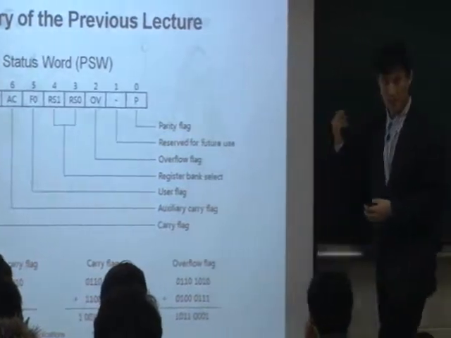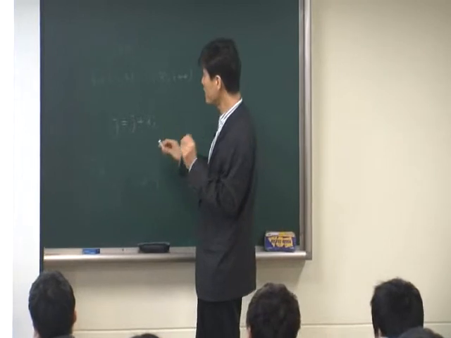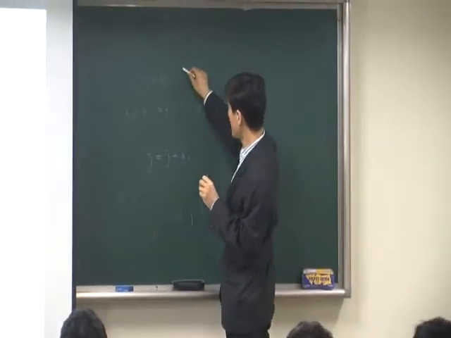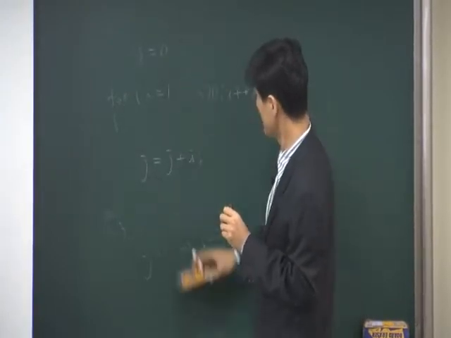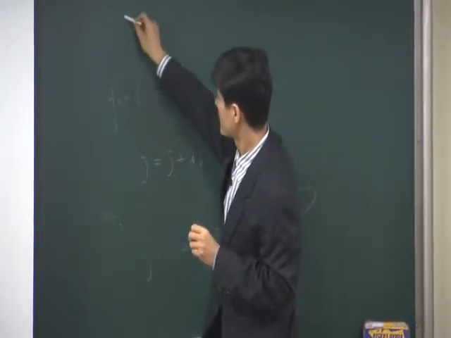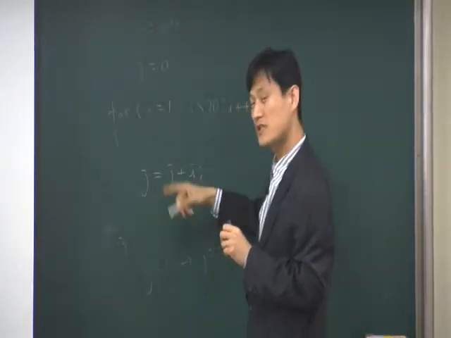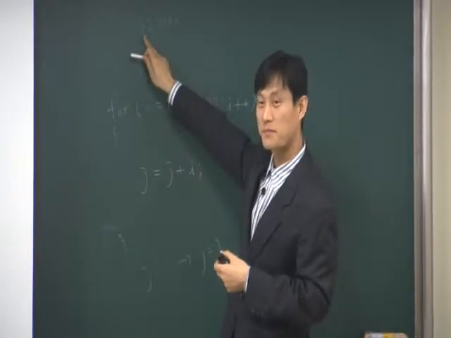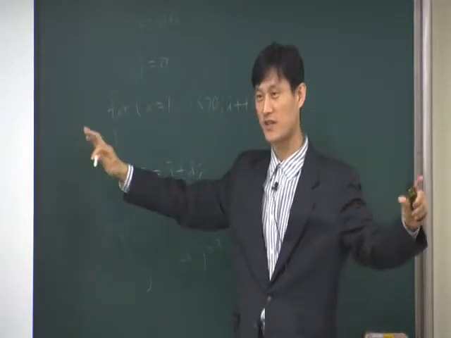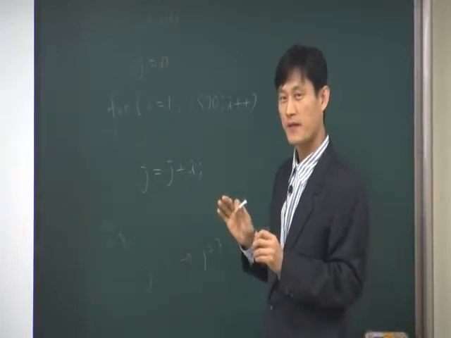In this program, there's nothing wrong if you assume that this J is 32 bits. Then this program has nothing wrong, because J is a pretty big container, a 32-bit container, so even a big number is no problem.